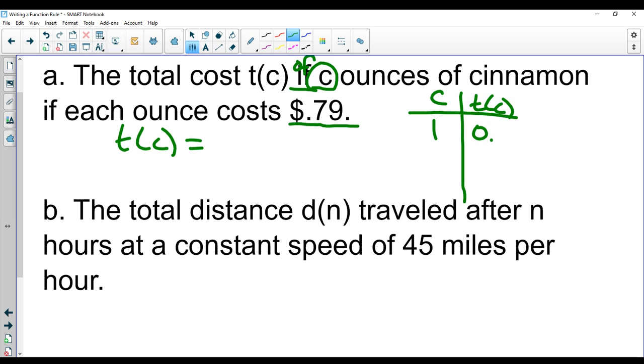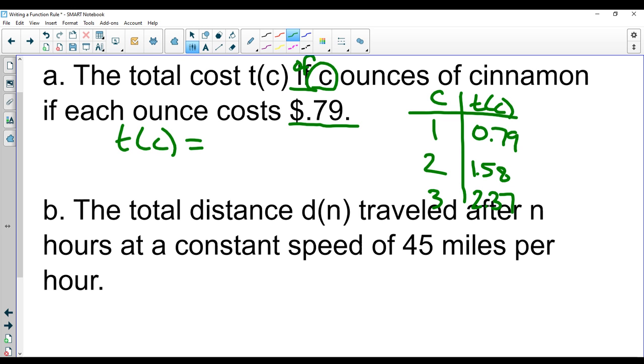So 1 ounce is going to cost me 79 cents. What's 2 ounces going to cost me? Well, let's figure it out with the calculator. That's going to be $1.58. What's 3 ounces? Gives me $2.37.